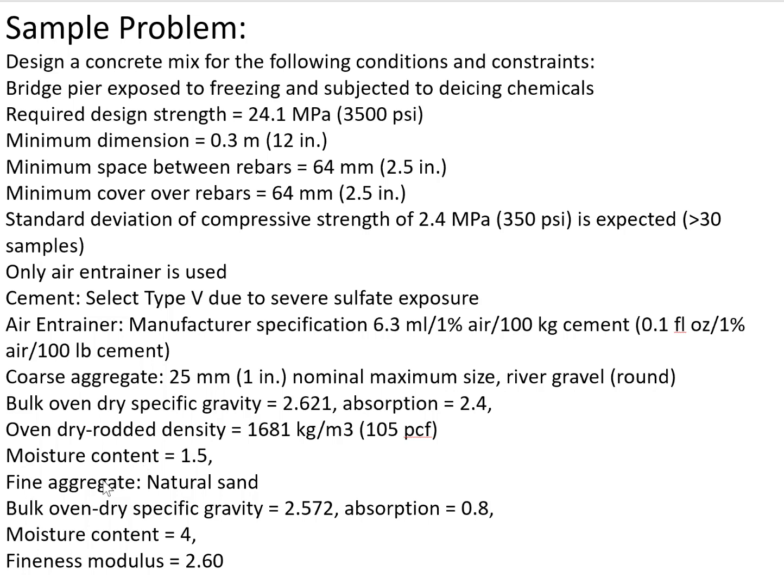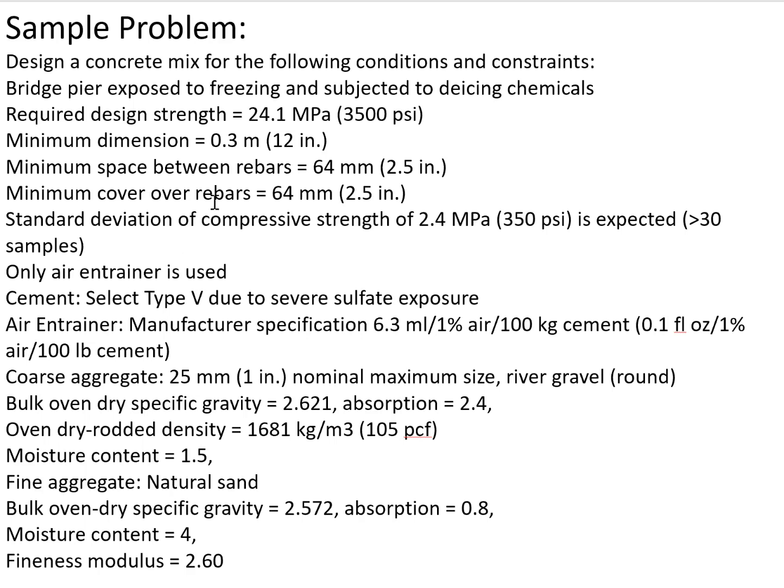For fine aggregates, we use natural sand, and bulk oven dry specific gravity, absorption, moisture content, and fineness modulus are provided to you. Okay, so let's see the first step about how to determine the required strength.